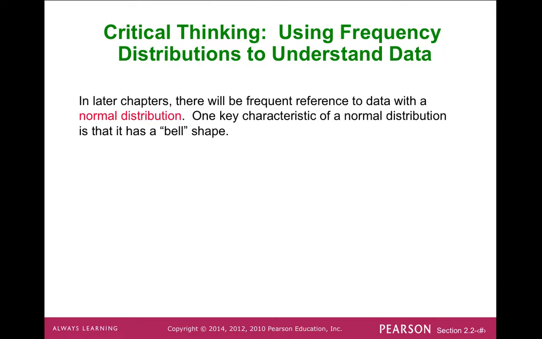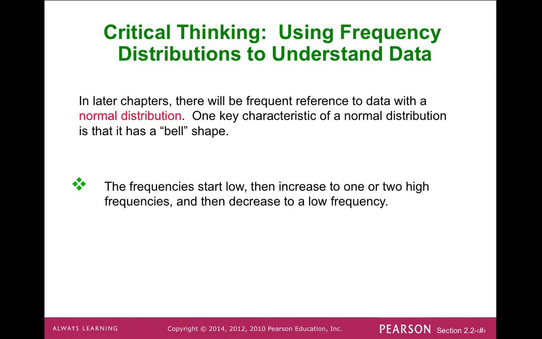Okay. Another thing that I want to introduce in this chapter is that frequency distributions can be used to understand data. We're going to talk a lot in later chapters in this course about data with a normal distribution. When you think of a normal distribution, think of the key characteristic of it being that it has a bell shape.